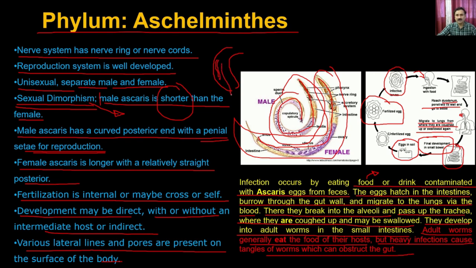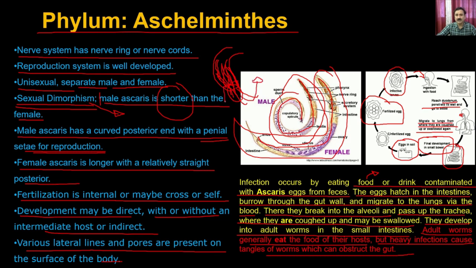If it is a large number, then the small intestine is connected to the large intestine, and when the number goes up, it is going to obstruct this particular connection, which connects the small intestine to the large intestine.